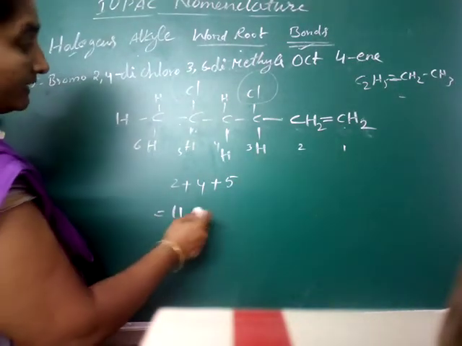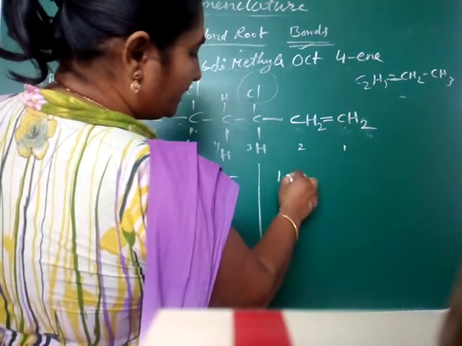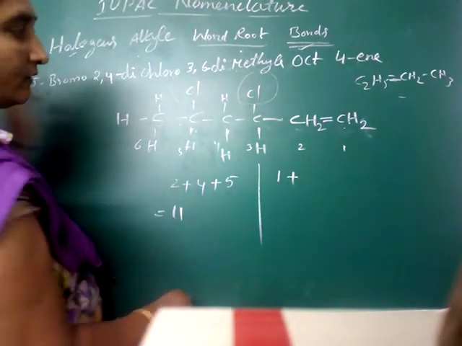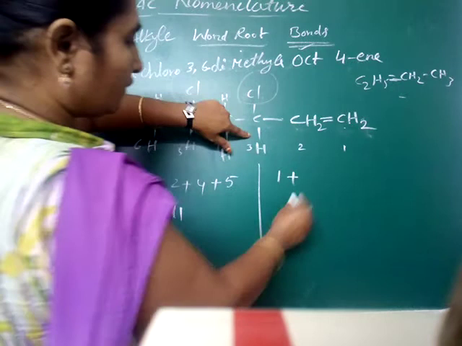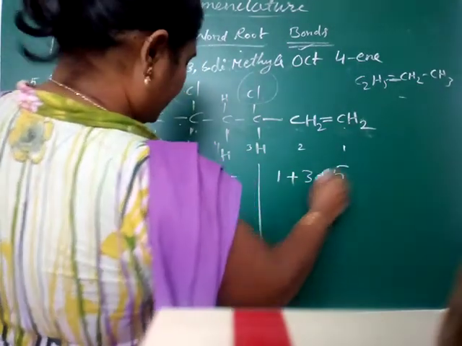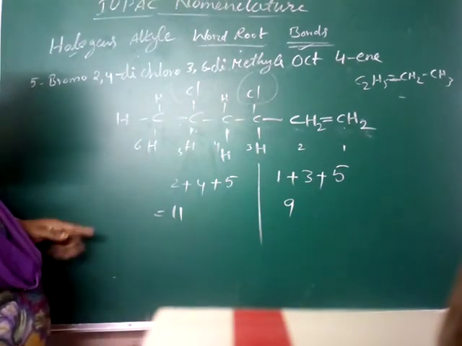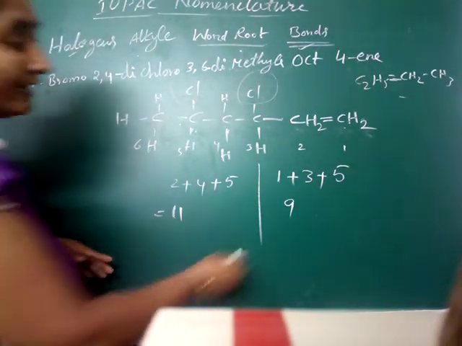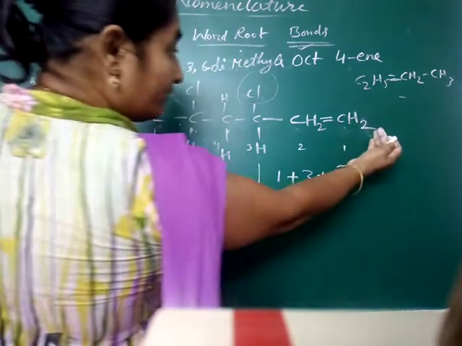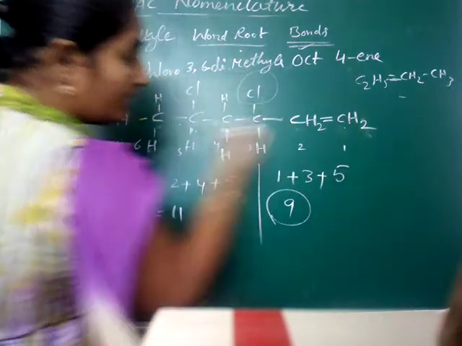Now you count from this side too, where the double bond is present at the first carbon, and chlorine is present at the 3rd carbon, and here chlorine is present at the 5th carbon. Then what will come here? 9. Which is the least among these two? 9 is the least. That's why you have to give numbering from right to left.